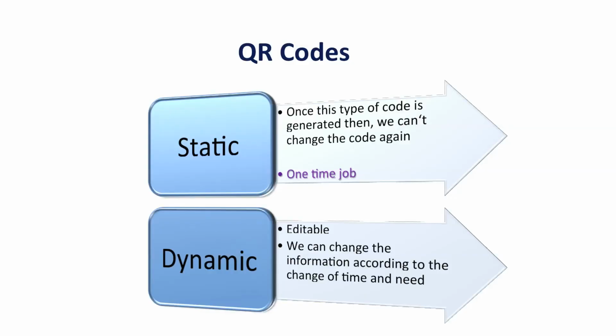Now, when we are converting data into QR codes, there are basically 2 types. One is static QR code, another one is dynamic QR code. The static QR code is generated once, and we cannot change the code again.